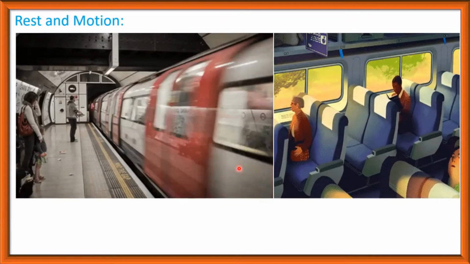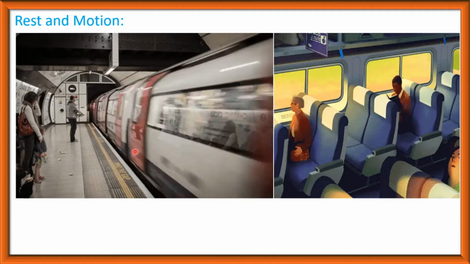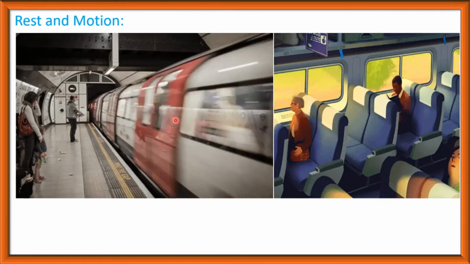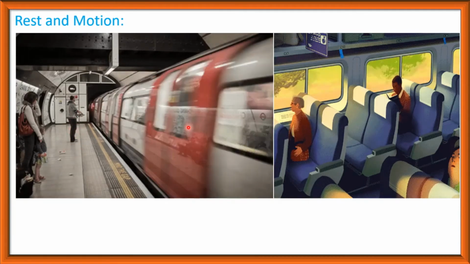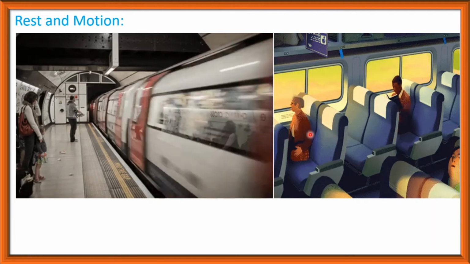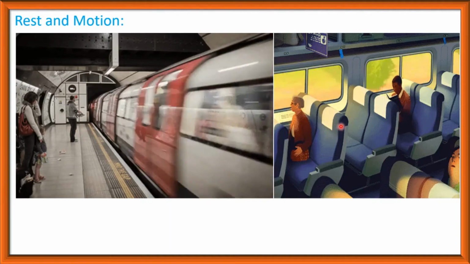Here also, this is a running train. This train is in motion with respect to the person standing on the platform. That is, now the train is in motion, and here are passengers inside the train.